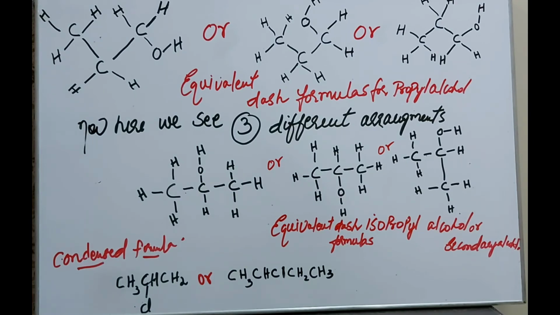In condensed formulas, all the hydrogens connected to a carbon are written straight after the carbon, listing hydrogens first. This is the difference between the condensed formulas and the equivalent dash formulas for propyl alcohol or for the secondary alcohol, isopropyl alcohol.